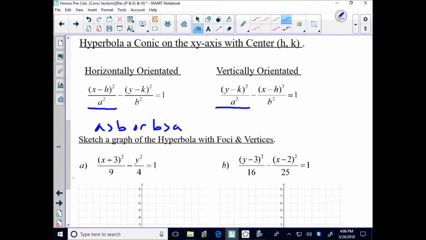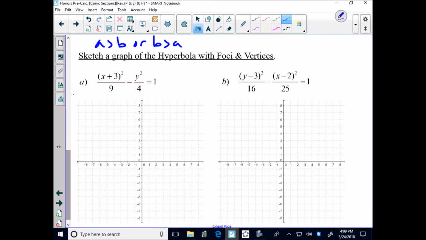So we're going to look at graphing the hyperbola from an equation. So right here, we're going to graph A together, and I'm going to let you guys graph B on your own. With A, we can see that our first term is an x term, which tells us that our hyperbola is going to be horizontally orientated.